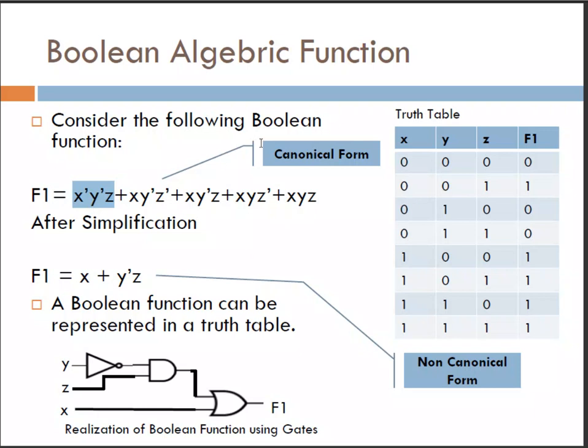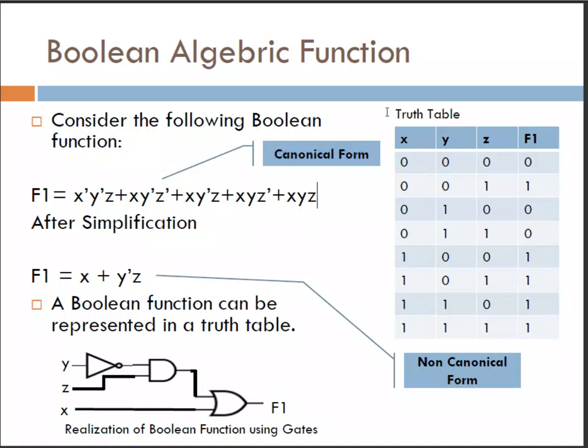So this is what you call canonical form. A canonical form is where the Boolean function or Boolean expression is made with all variables.